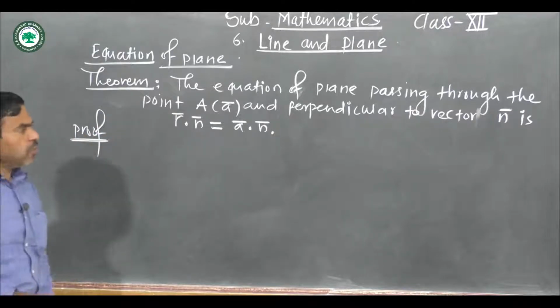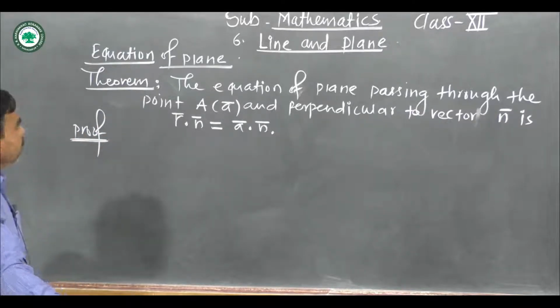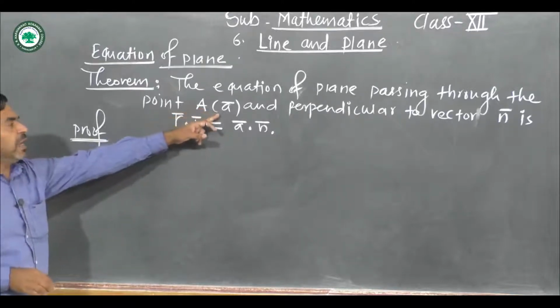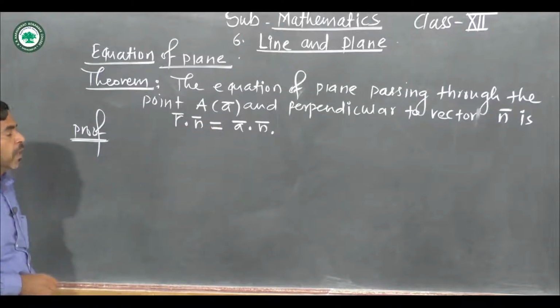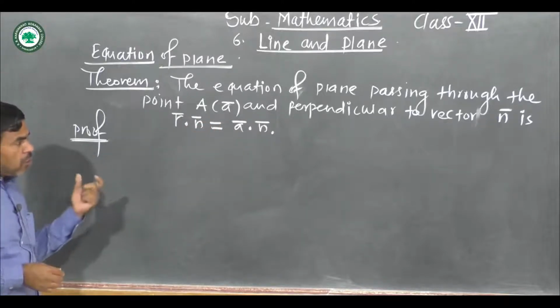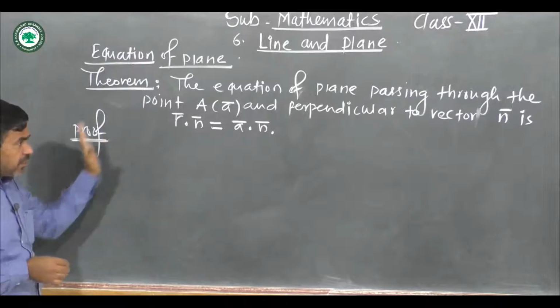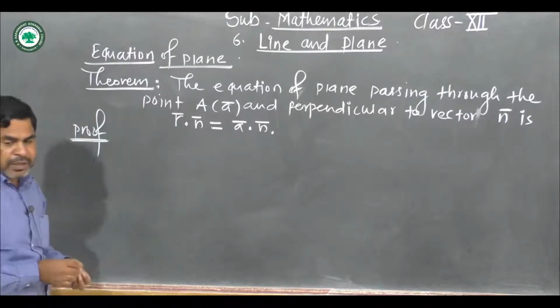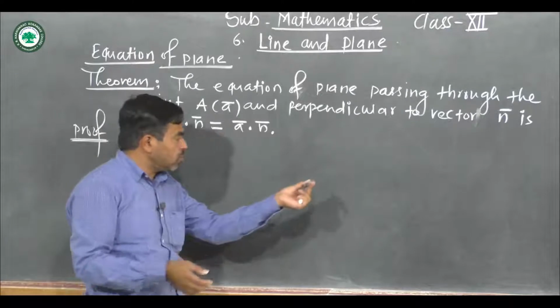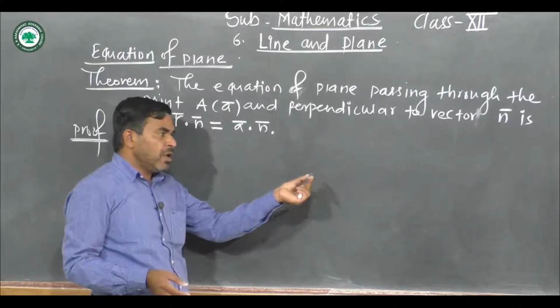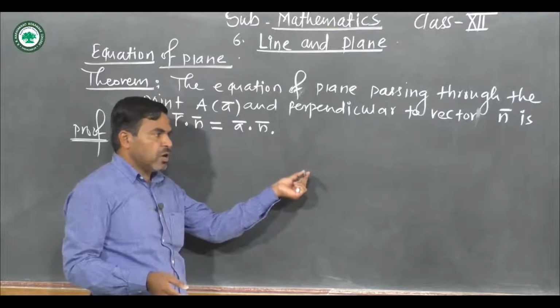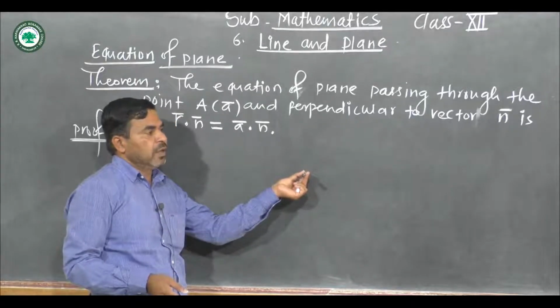See, we have to find out the equation of a plane passing through the point A with position vector A bar and perpendicular to the vector N bar. Perpendicular to the vector N bar means if this backboard is a plane, then the vector which is perpendicular to this board, this is N bar, and this vector N bar which is perpendicular to the plane is called normal to the plane.